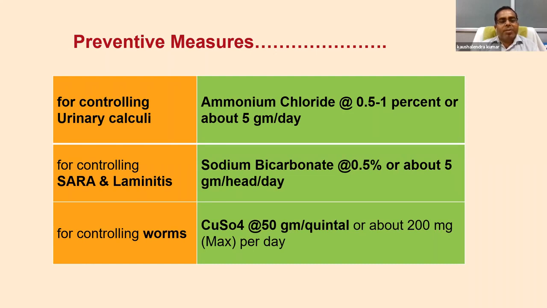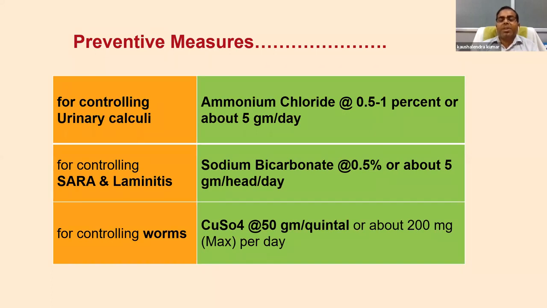For controlling urinary calculi or urolithiasis, we have to supplement ammonium chloride at the rate of 0.5 to 1%. For preventive measures against SARA, subacute ruminal acidosis, and laminitis, we can supplement soda bicarbonate, which acts as a buffering agent.